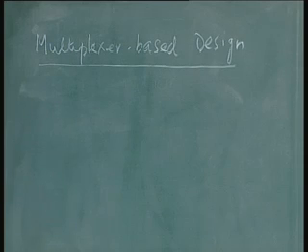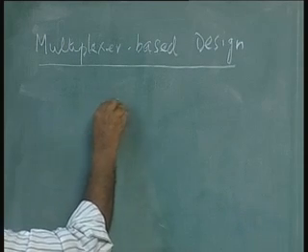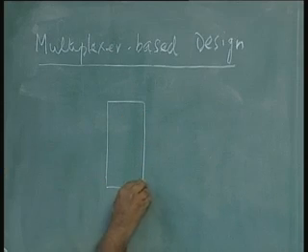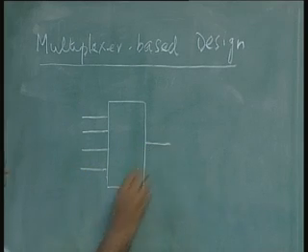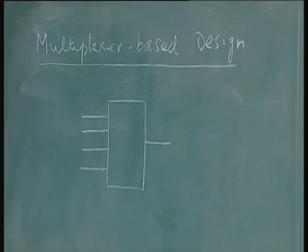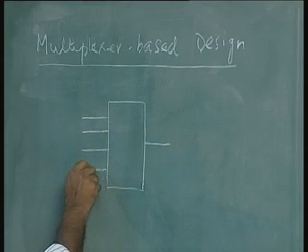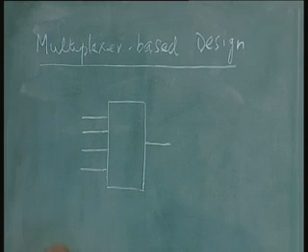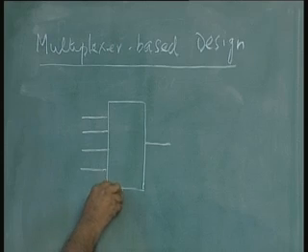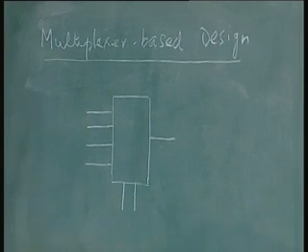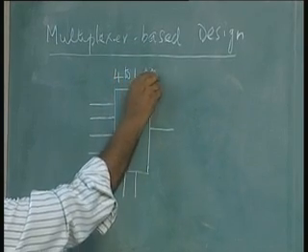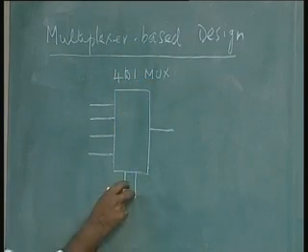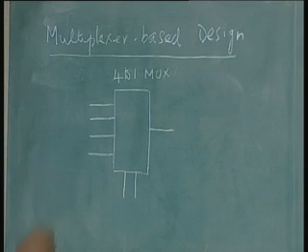A multiplexer is a component which has several inputs and one output, let us say 4 inputs and one output, and which of these inputs gets connected to the output depends on the inputs known as selector inputs. So, in a 4-to-1 multiplexer where there are 4 inputs and one output, we need to have 2 selector inputs so that one of these 4 can be selected at a time to the output.